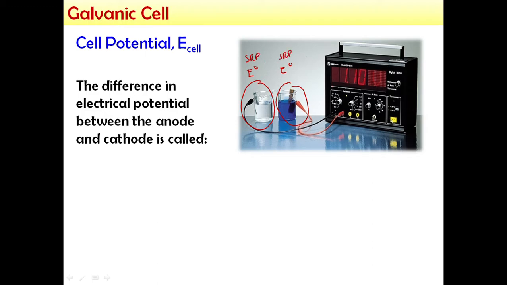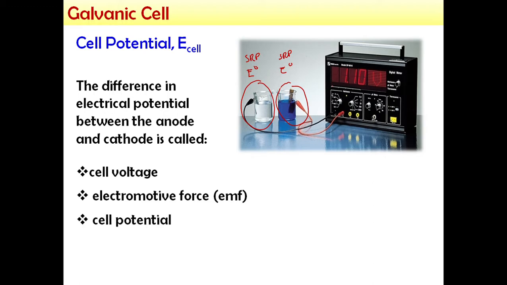So, daripada SRP value ini, the differences, perbezaan between SRP value ataupun E0 value untuk cathode dengan anode, kita akan panggil sebagai cell voltage atau electromotive force, EMF, atau cell potential. So, these three adalah benda yang sama.